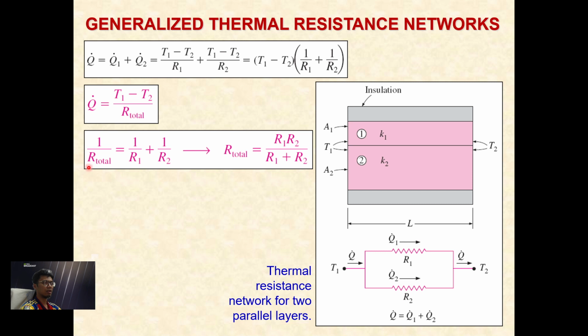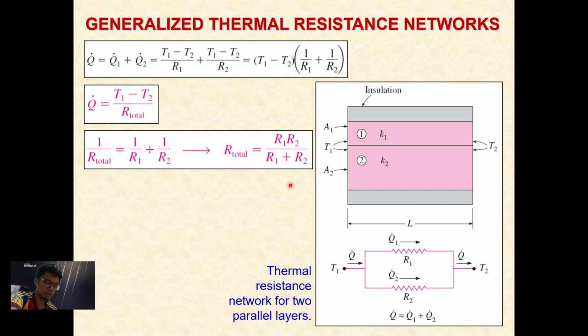So you can treat the resistors as parallel. When treating resistors as parallel, you must use the parallel network equation for resistance: 1 divided by R total equals 1 over R1 plus 1 over R2. We want R total, so you have to rearrange it to get R total.